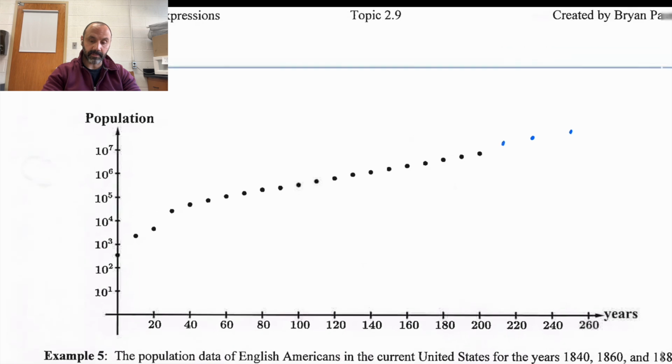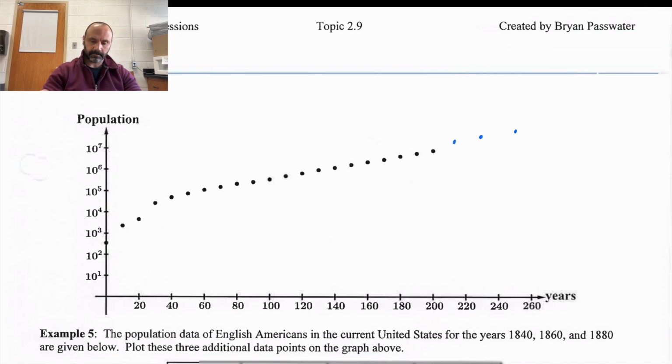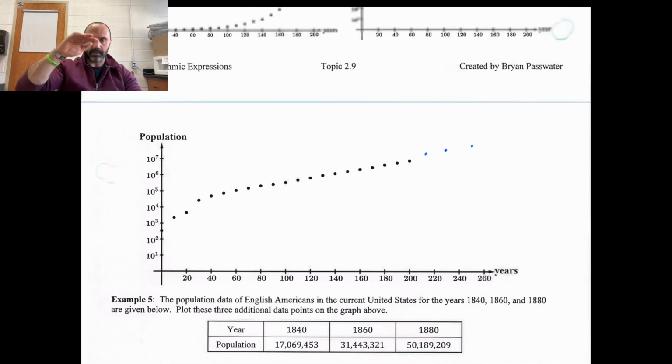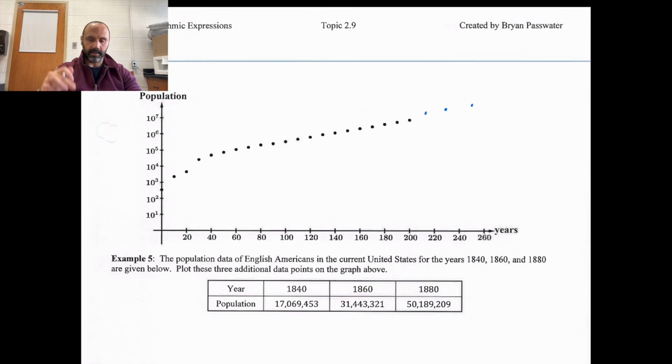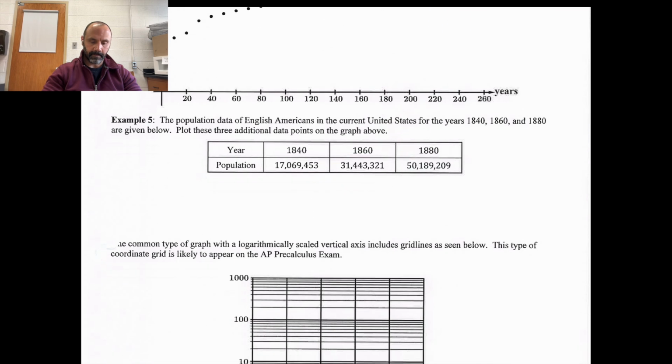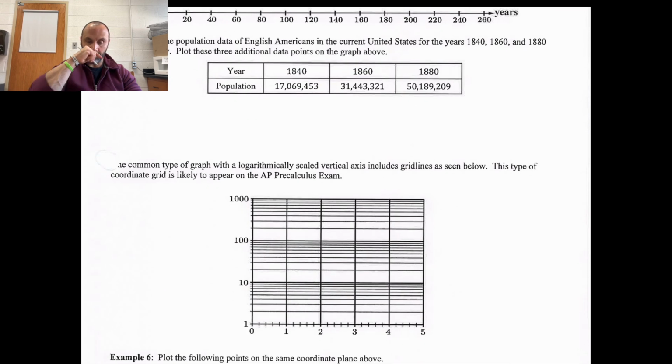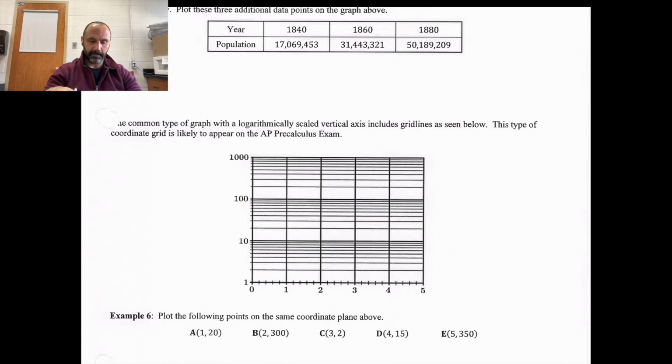Okay, something like that. It's almost linear at that point, looks like the shape of a line. And here you can see what it looks like with the lines in there, so it's a little easier to graph here.